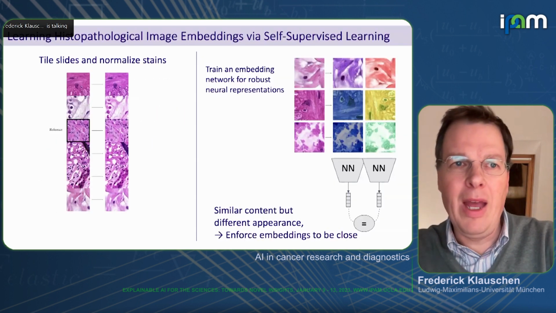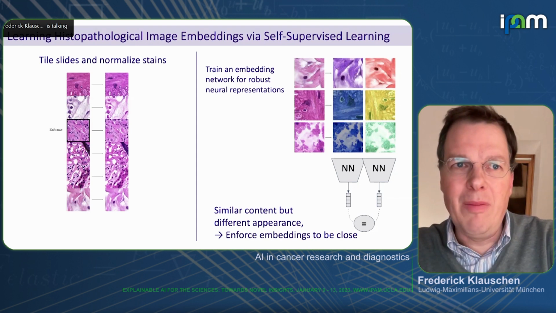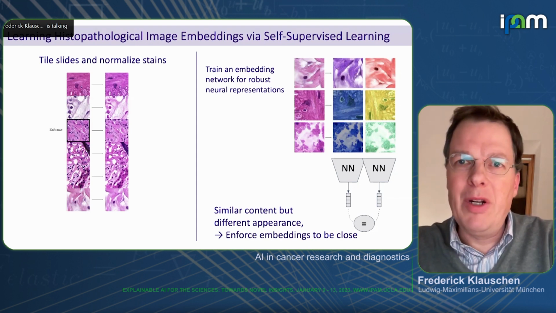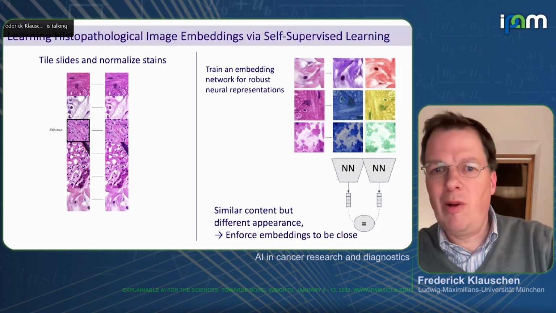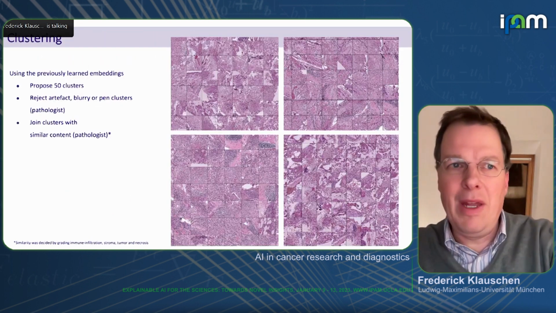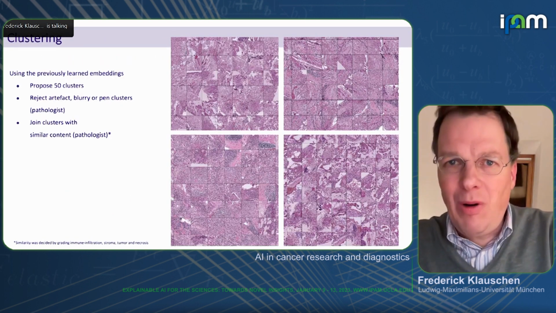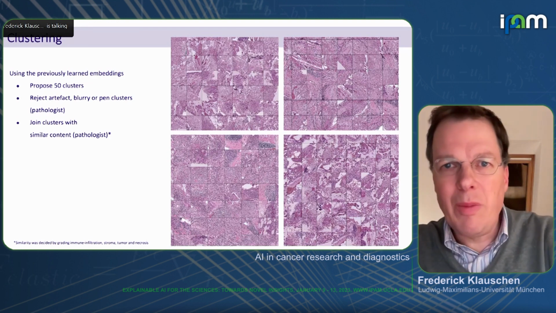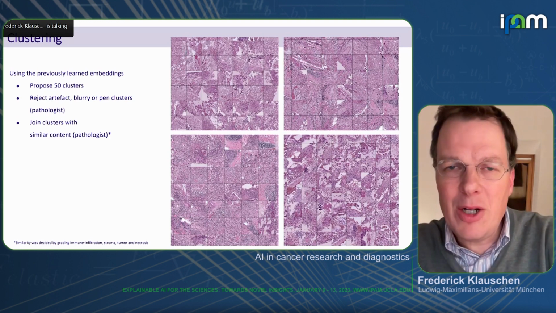And so for that, we developed a novel approach to learn image embeddings via self-supervised learning that result then in certain clusters of similar morphology. So basically here you see the image patches from the histomorphological slides.